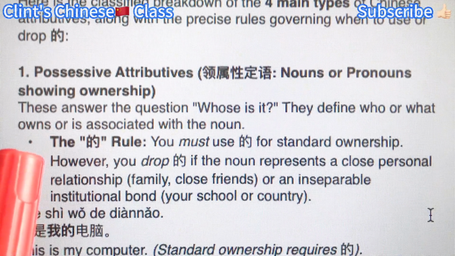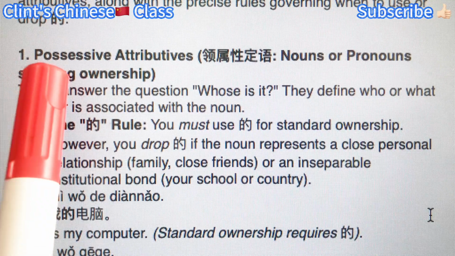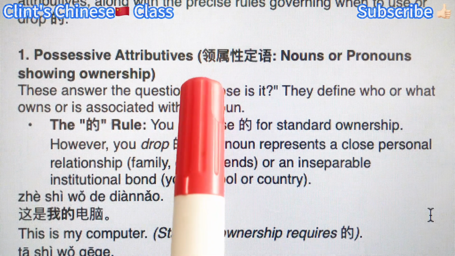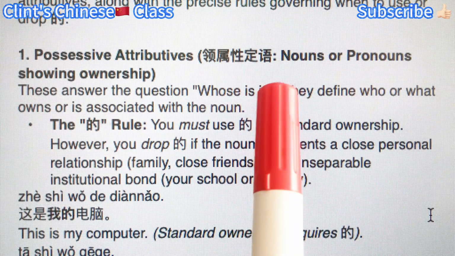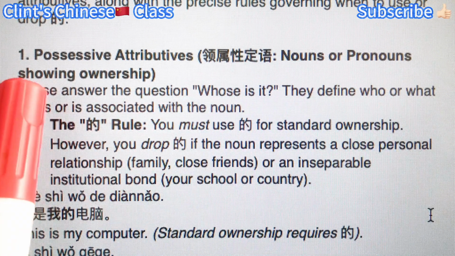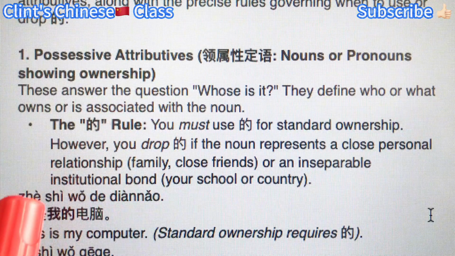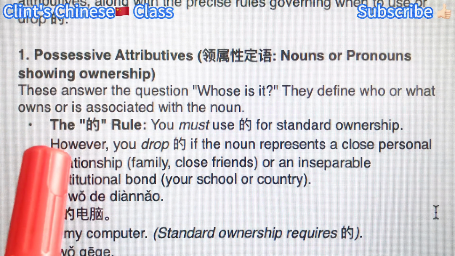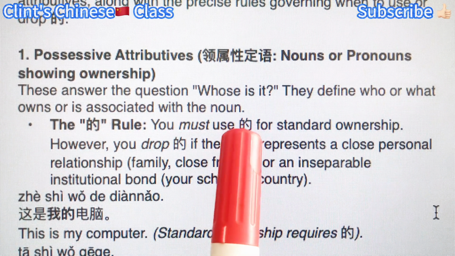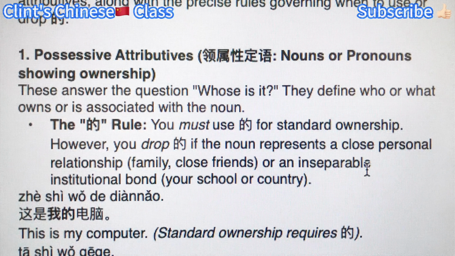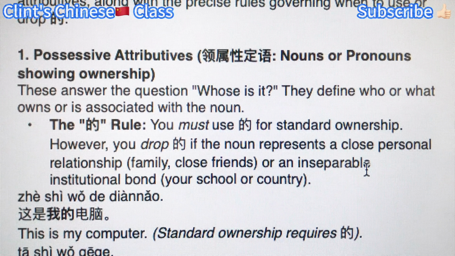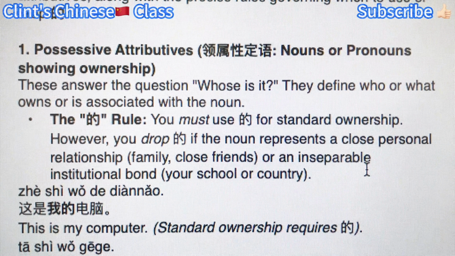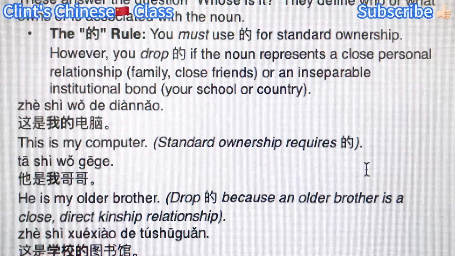Let's take a look. The first type, possessive attributives. This is easy to understand because it's similar to English. Nouns or pronouns showing ownership. But remember, we need to use de to turn the word into an adjective and connect the noun.